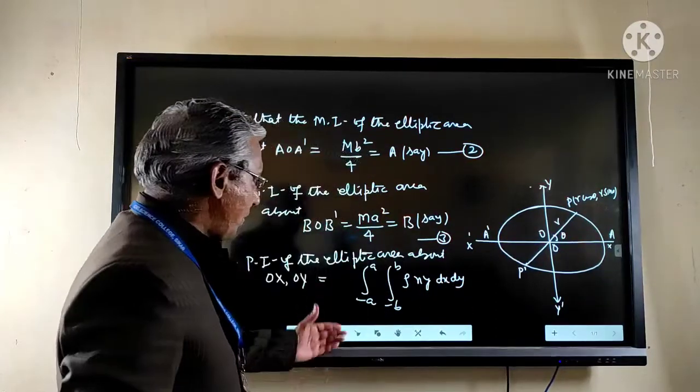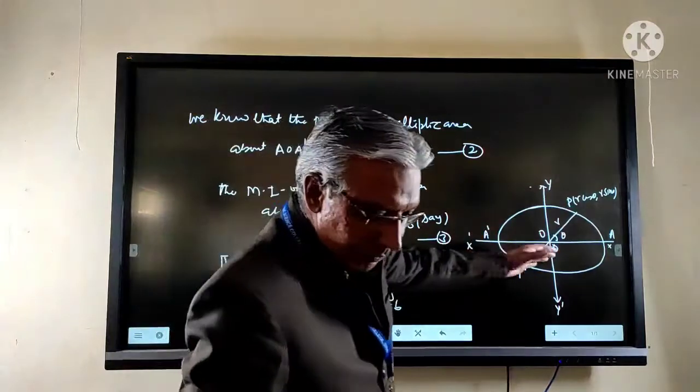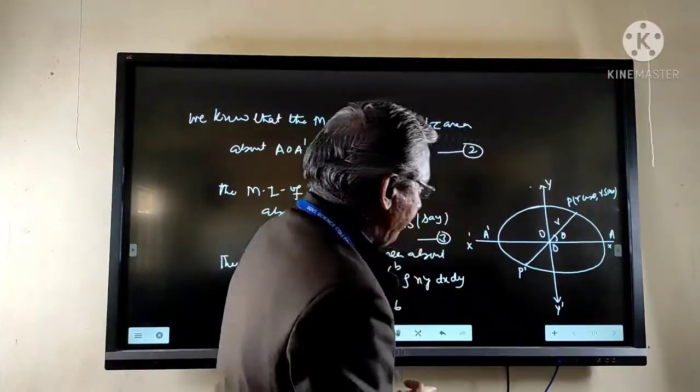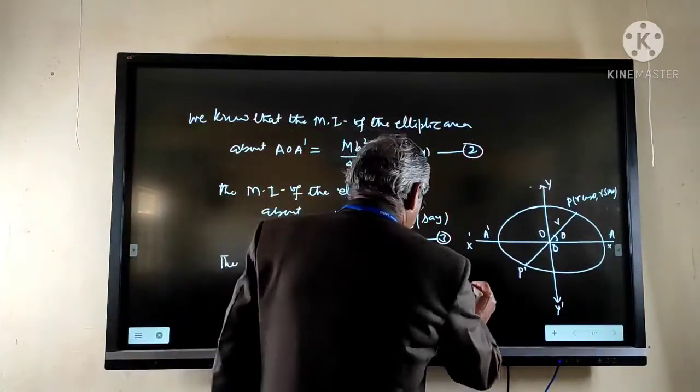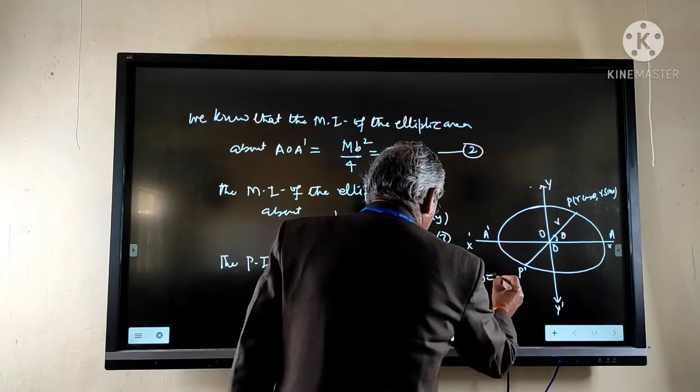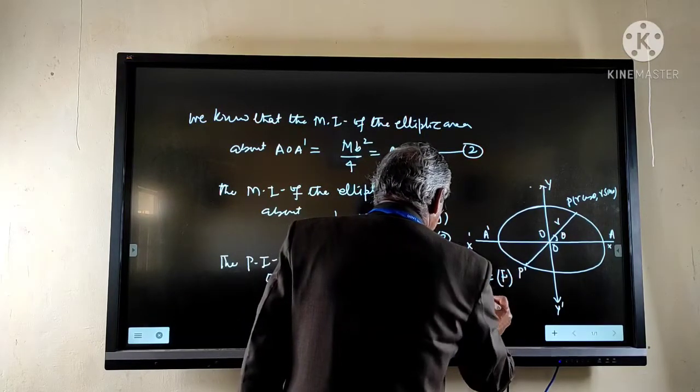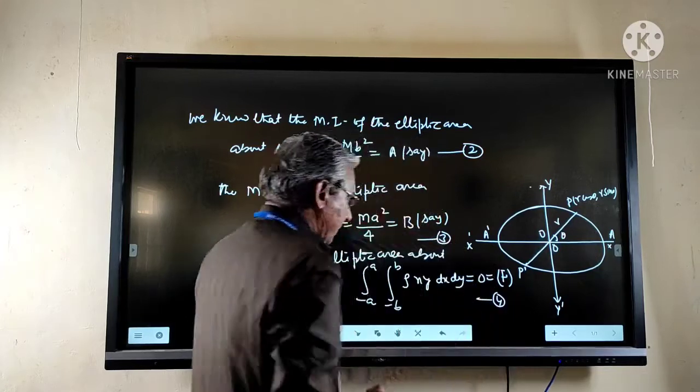This is the product of inertia of the elliptical area about OX and OY. Suppose it is F, which is 0.